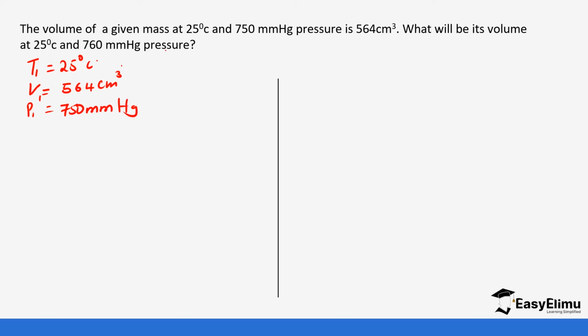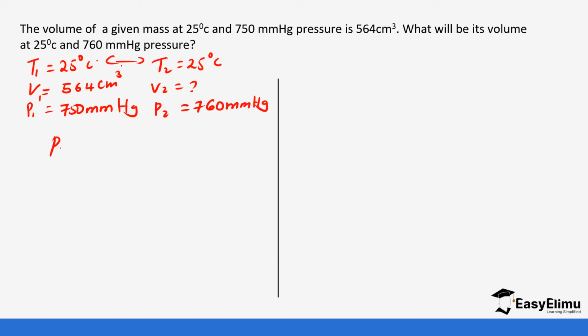What will be its volume at temperature 2, which is 25 degrees Celsius? You see it's constant, and volume 2 is what we are looking for. Pressure 2, we have been told, is 760 mmHg.